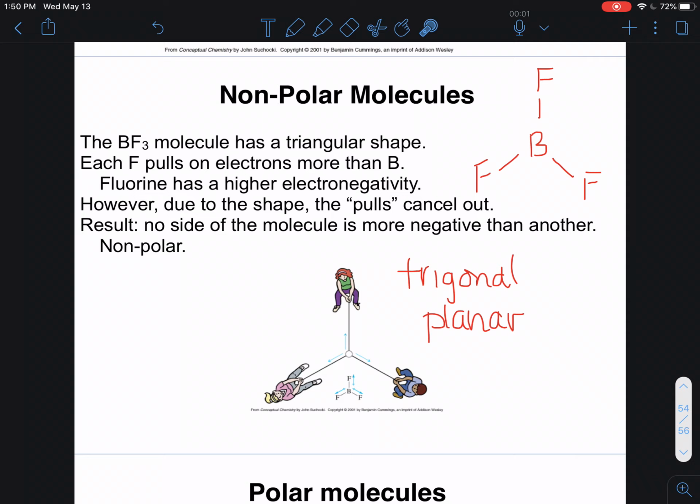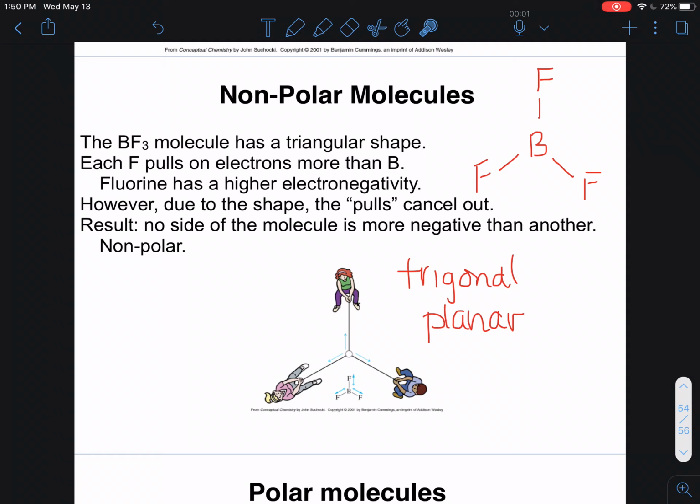Genetically speaking. So what you can sit back and say is that if we have 3 people pulling in equal and opposite directions from boron, as if fluorine is pulling electron density away from boron, right?